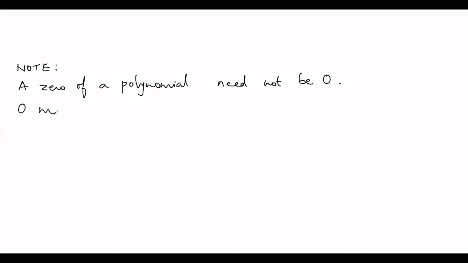A zero of a polynomial need not be 0. 0 may be a zero of a polynomial.